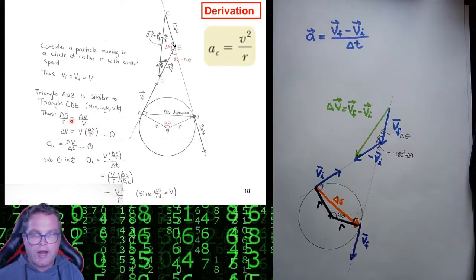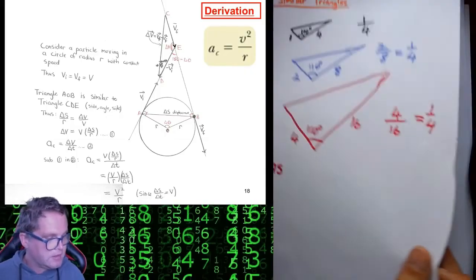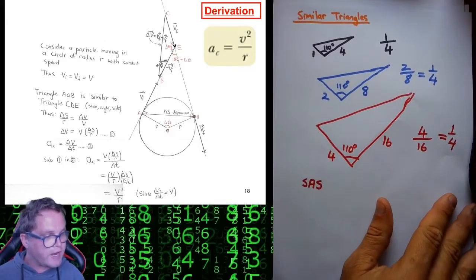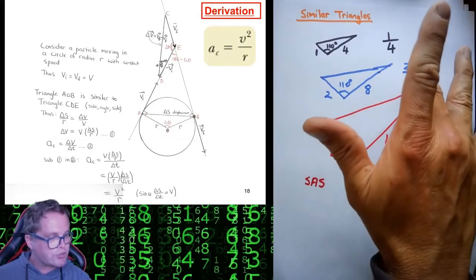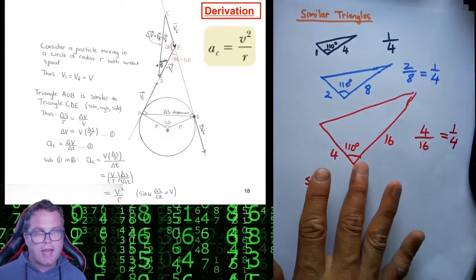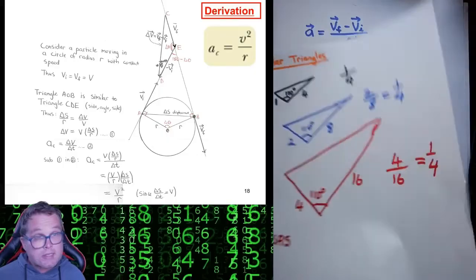Because these two triangles are similar, we can take the ratios of delta S over R is equal to delta V over V. This is what we saw previously when we looked at what it means for triangles to be similar. You'll remember we were able to take ratios of different sides, and in each case the ratios were the same. So it's the same kind of idea.